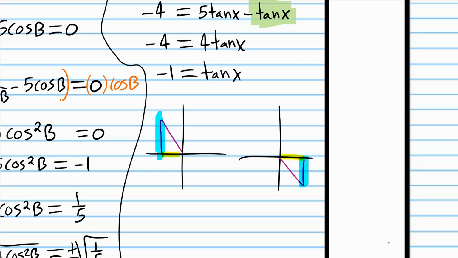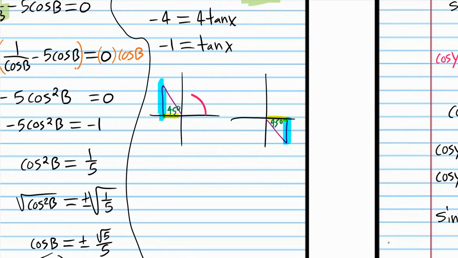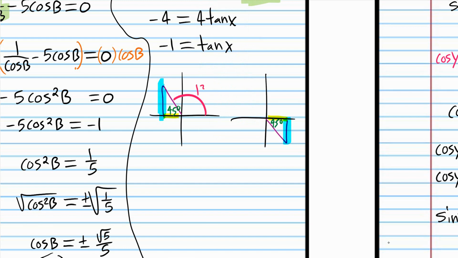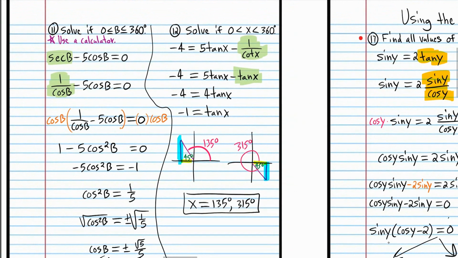So again, our reference angle is 45 degrees, so we can see pretty clearly one answer is 135 and the other answer is 315. So x is equal to those two angle measures, and we only want the answers between 0 and 360.